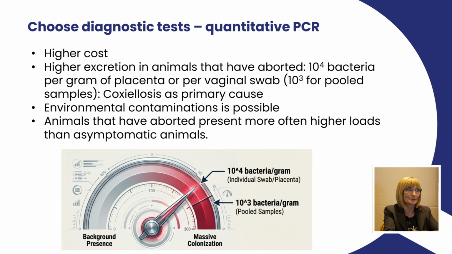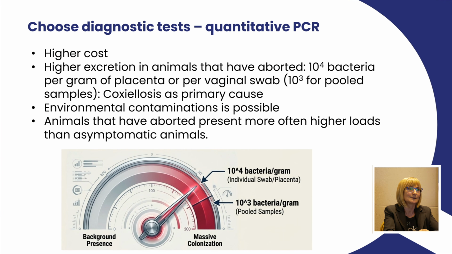We can also consider the quantitative PCR. This test has a higher cost, but gives us more information, because the bacterial load can be directly correlated with the probability that the abortion event is really due to Coxiella. Environmental contamination is also possible.